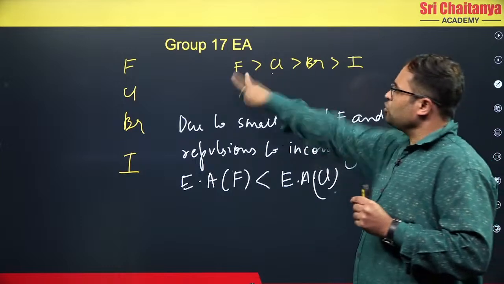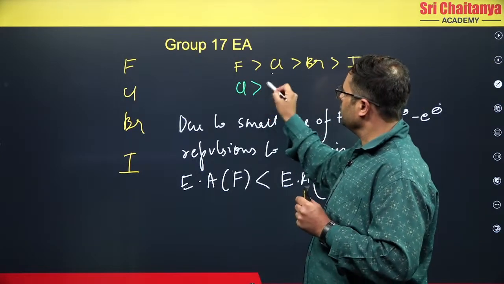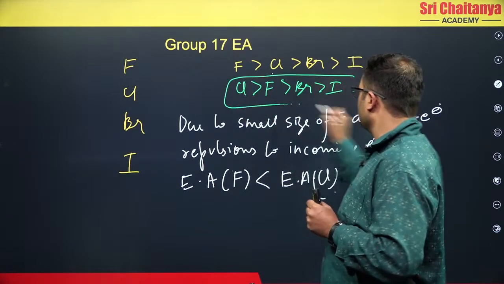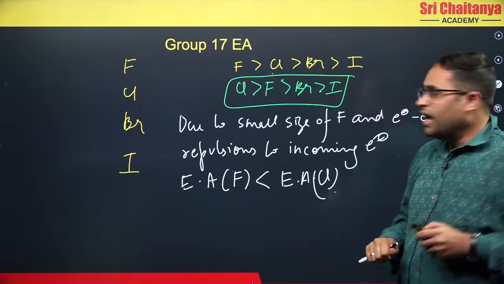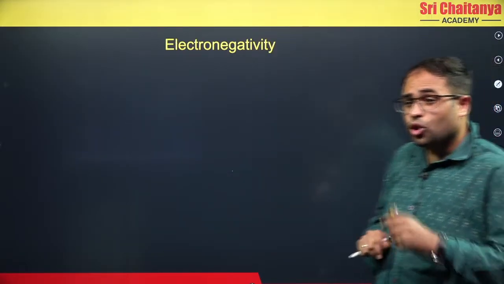So these two switch positions and the actual electron affinity order is this. Okay, right, this is the electron affinity order. 16th group is done.